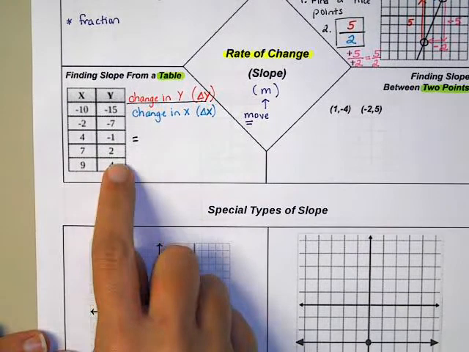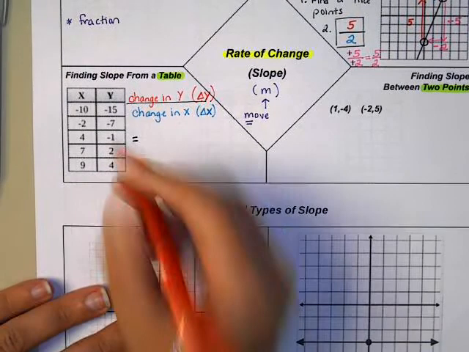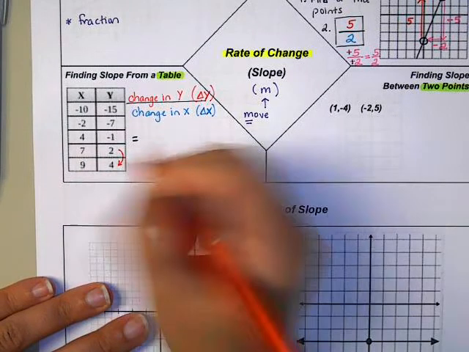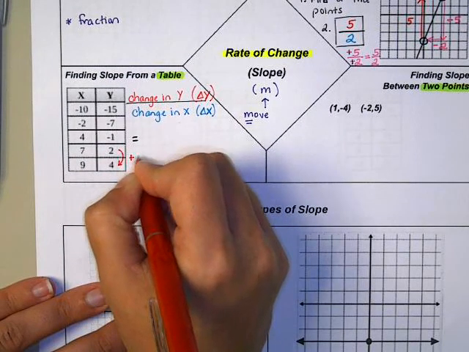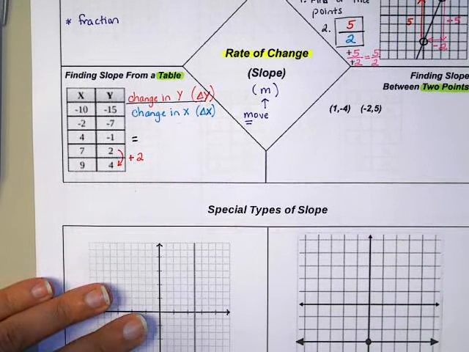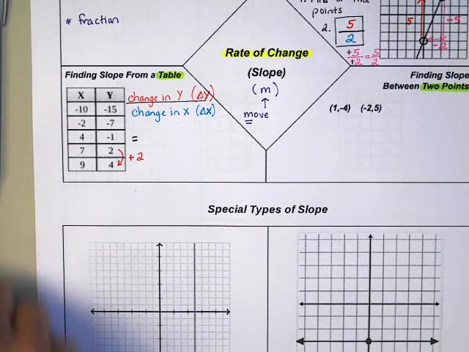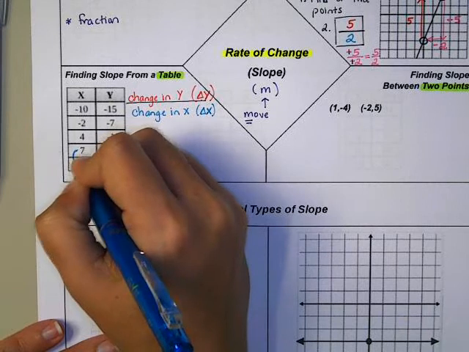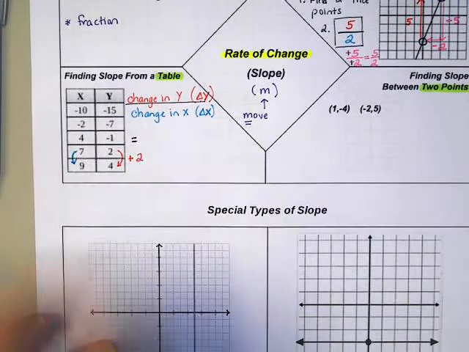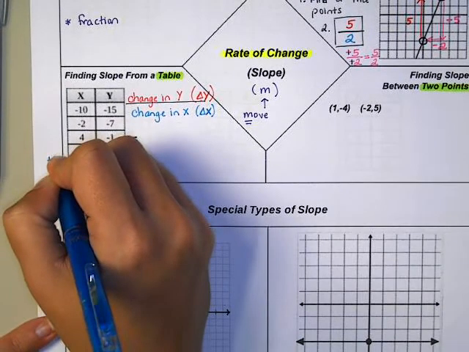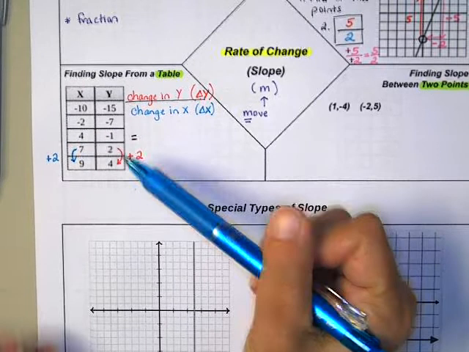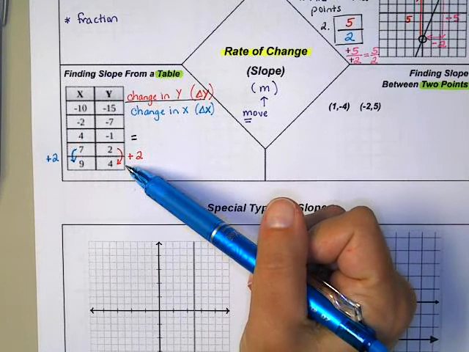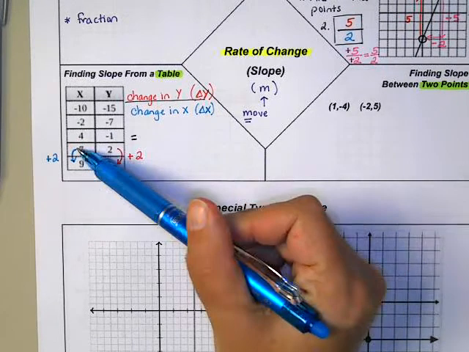So in this table, let's start with the y values. To go from 2 to 4, my pattern is that I add 2. And to go then on the x column, to go from 7 to 9, my pattern is that I add 2. So what I did is I did that same idea of patterns that I've been working on all semester. I just did a positive 2 and a positive 2.